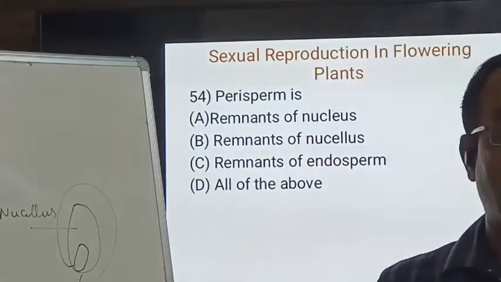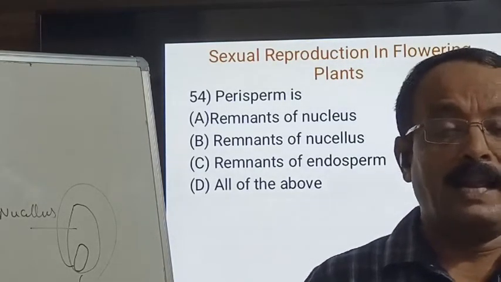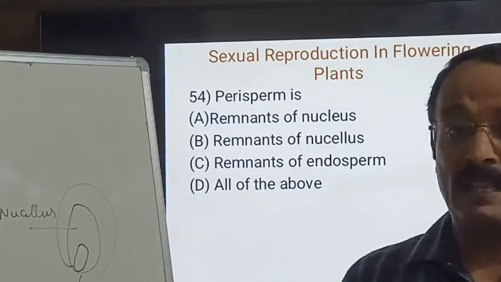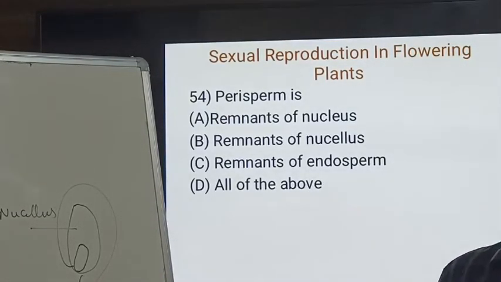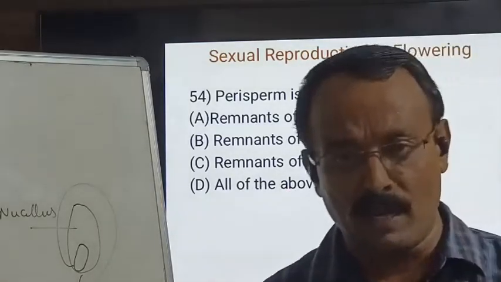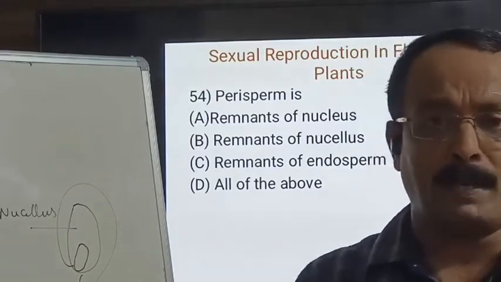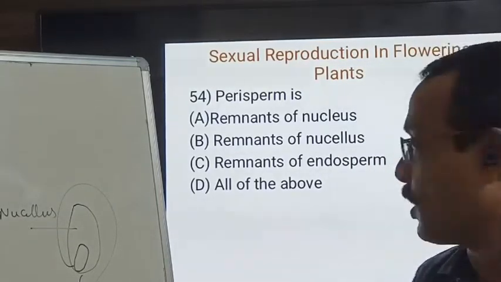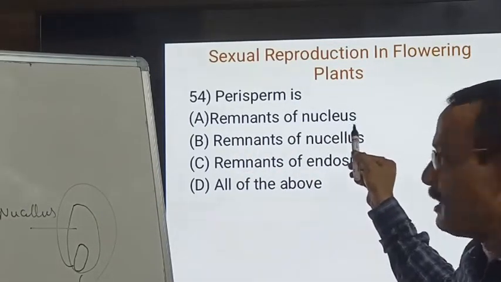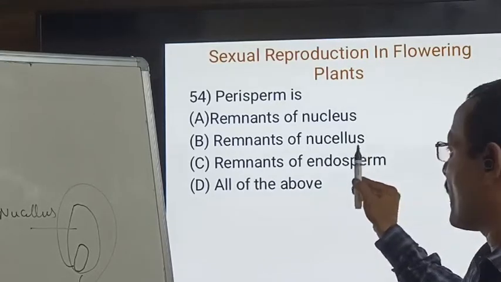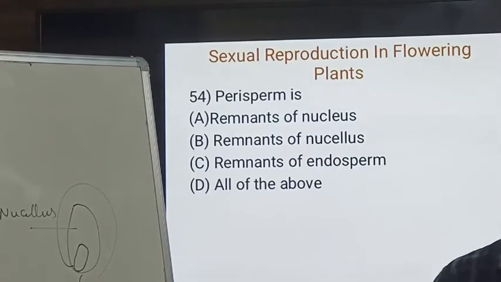But in certain seeds like beet and black pepper, inside the seeds there are remnants of nucellus, and that remnant of nucellus in the seeds, as observed in black pepper and beet, is called perisperm. Okay, the options are like this. Perisperm is remnant of nucellus, yes, it's right. Remnant of endosperm, all the above. The option is B. Next question.